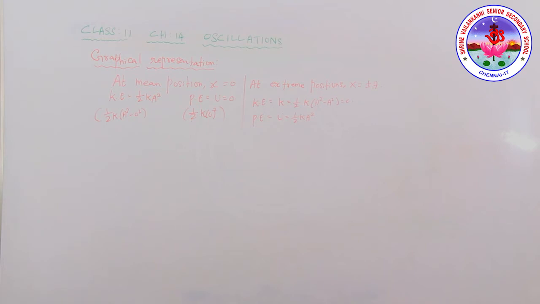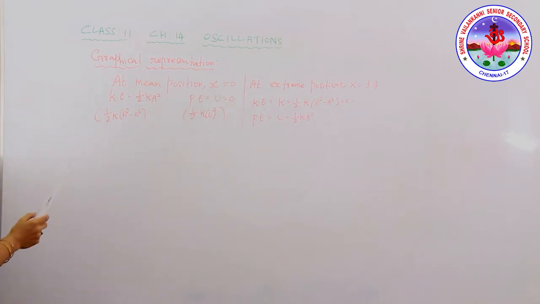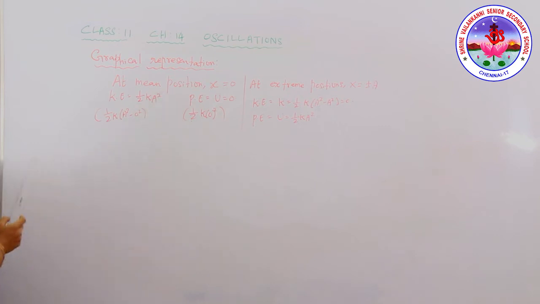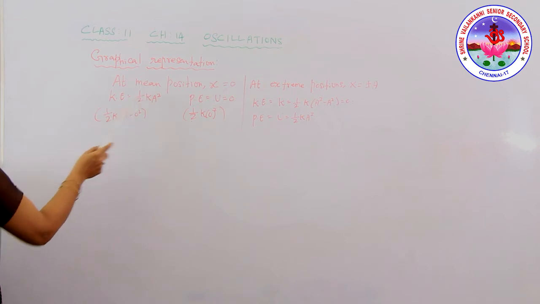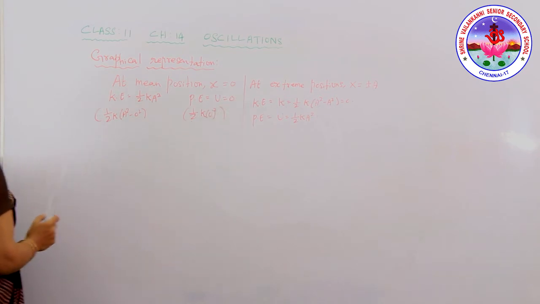See, the graphical representation we have taken for at mean position, which is x equal to 0. Then at that time, kinetic energy will be half ka square, because this will be 0, then half ka square will come. So x will be 0. But here the potential energy U is 0.